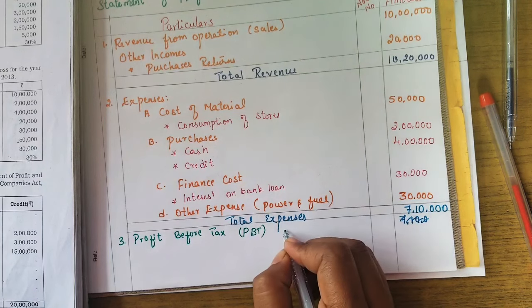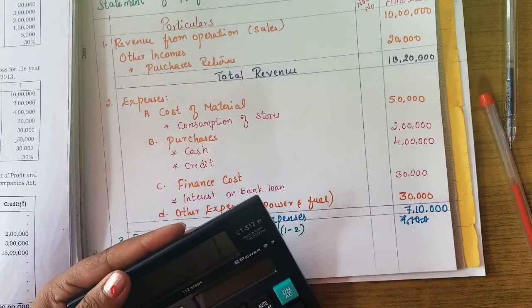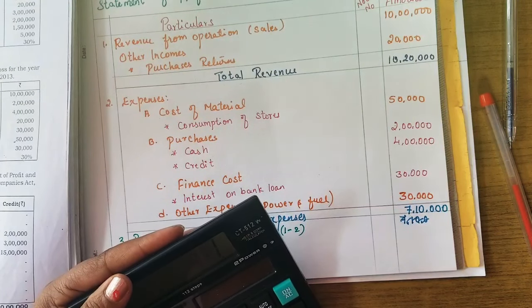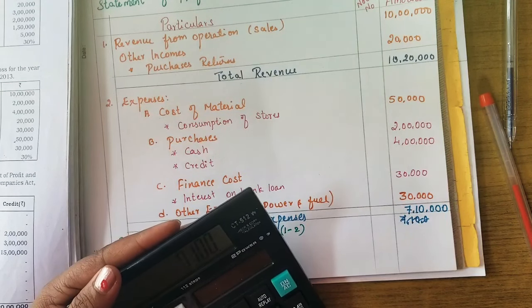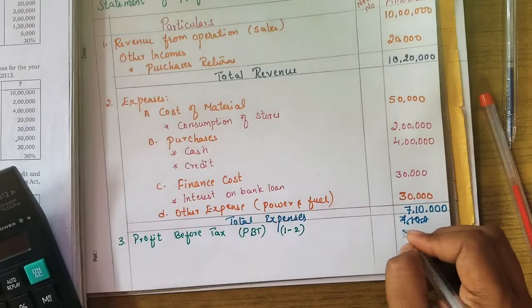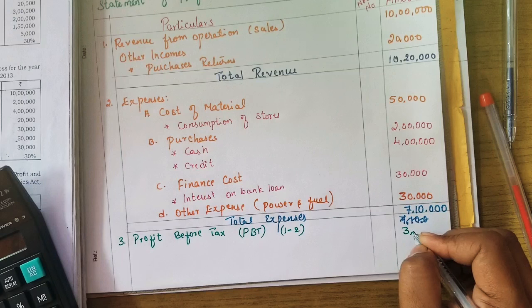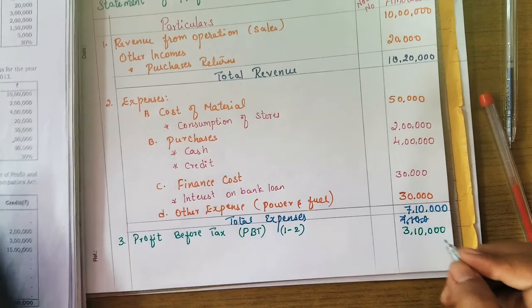Okay, so this we are going to find out by 1 minus 2, that is total revenue minus total expenses. Total revenue is 10 lakhs 20,000 minus 7 lakhs 10,000. We are getting 3 lakhs 10,000 as the profit before tax.